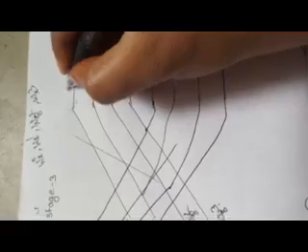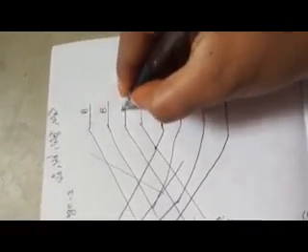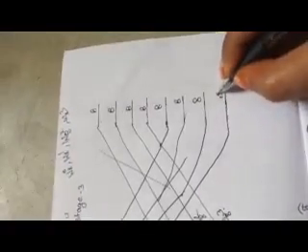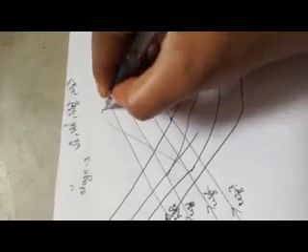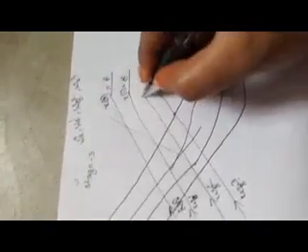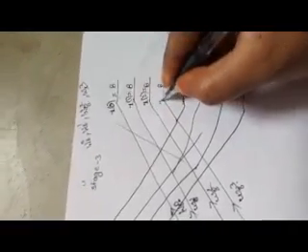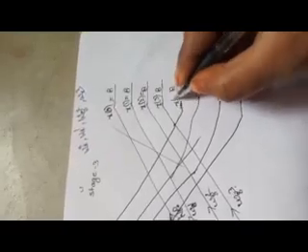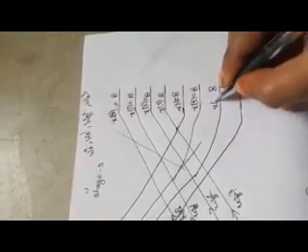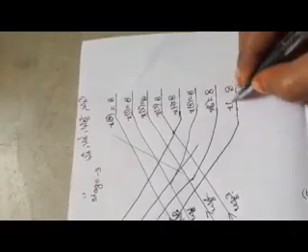So the outputs for stage 3 are 8, and the outputs are in normal order, that is x of 0, x of 1, x of 2, x of 3, x of 4, x of 5, x of 6, x of 7.